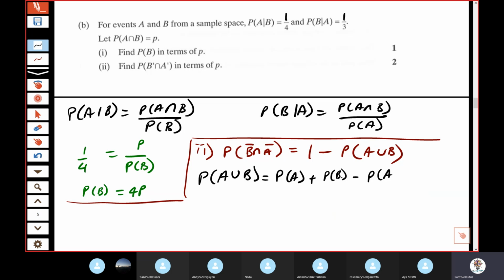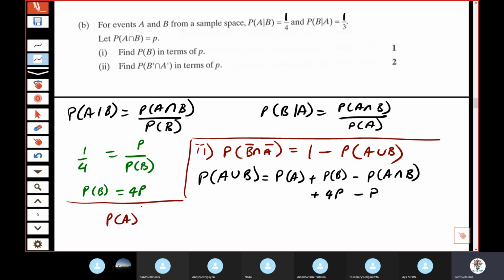Probability of A or B is equal to probability of A plus probability of B minus probability of A and B. Probability of A, we haven't found. The probability of B we know is 4P. Probability of A and B, we already know that's P from the question. So the only thing that we really need to find is probability of A.